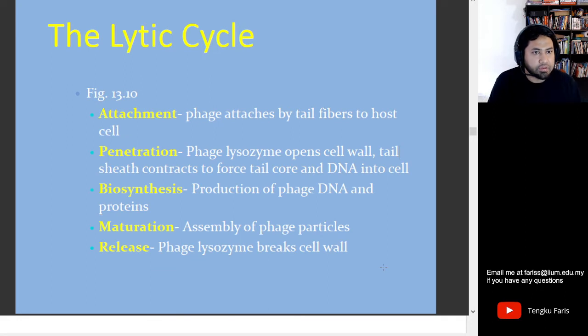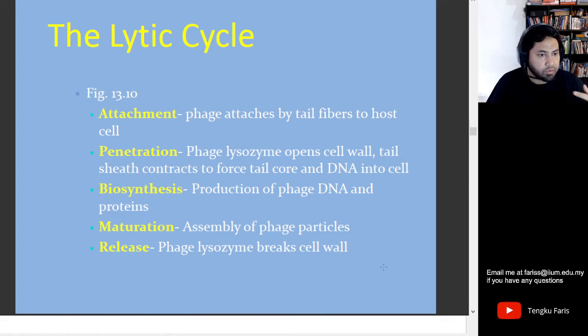Alright, let's go through the lytic cycle. It starts in a cascade or step-by-step process, beginning with attachment, where the phage attaches by tail fibers to the host cells. Then they penetrate, opening the cell wall, kind of protruding or trying to poke the cell wall, and then the tail sheath contracts to force the tail core and DNA into the cells. Once they inject, it kind of produces a hole for them to allow the DNA material from this phage to enter the host cells.